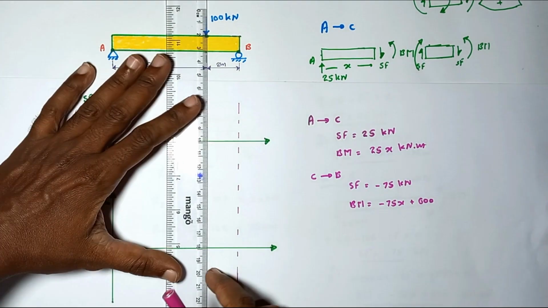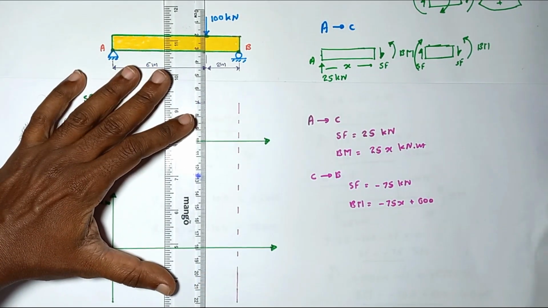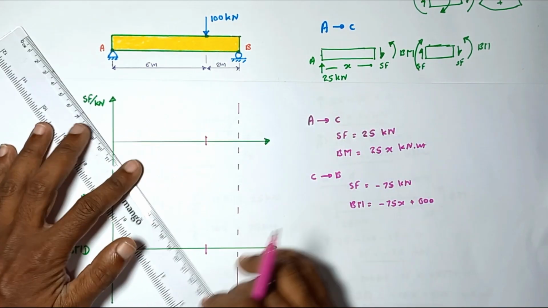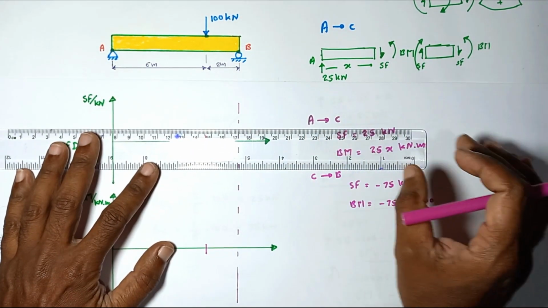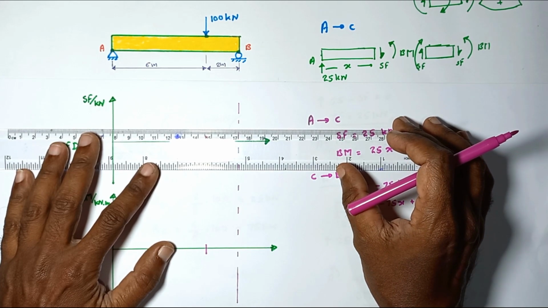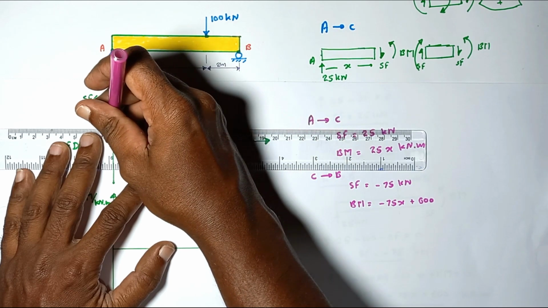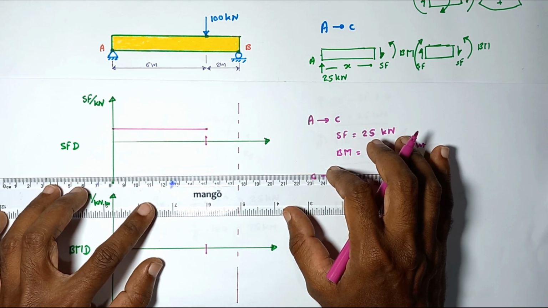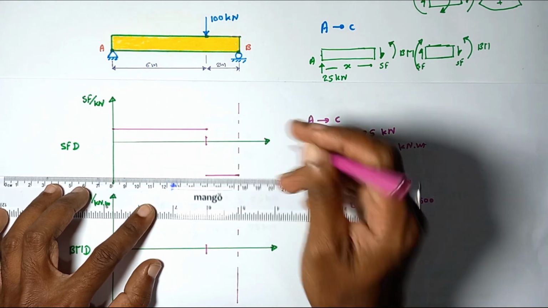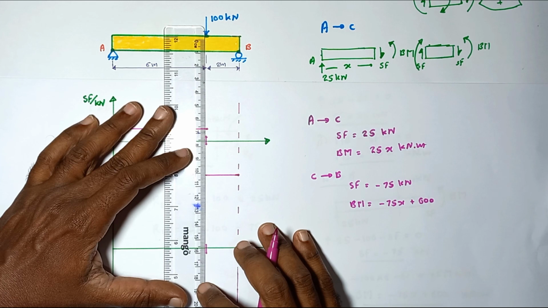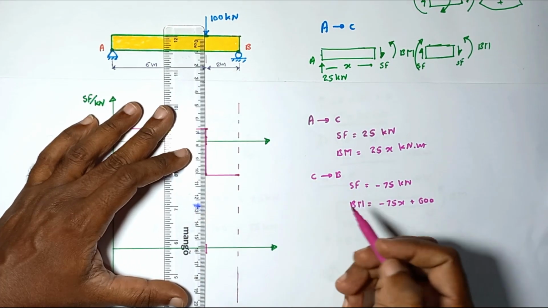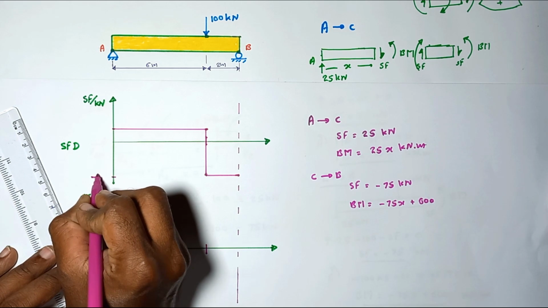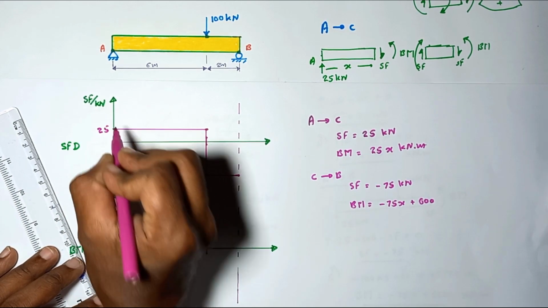Let's draw the shear force diagram: it starts at 25, then minus 75 from here to here, this value is equal to minus 75, here it is 25.